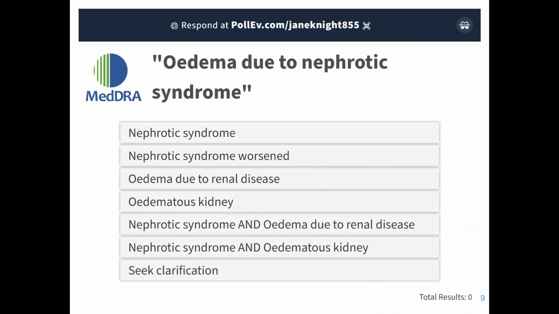Would you code to nephrotic syndrome worsened, edema due to renal disease, edematous kidney, nephrotic syndrome and edema due to renal disease, nephrotic syndrome and edematous kidney, or would you seek clarification? What would you do?